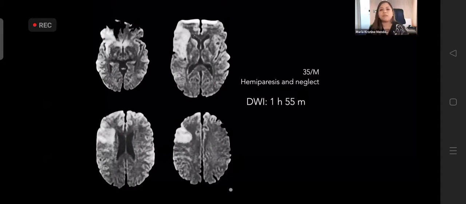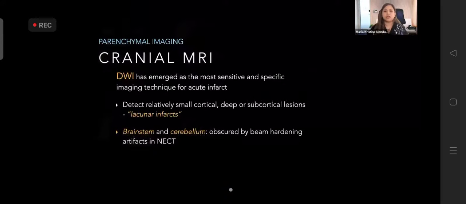This diffusion weighted image clearly demonstrates the involvement of the, I'm sorry, it's in the right, not the left, the involvement of the right MCA territory for this patient. So again, this just demonstrates the higher sensitivity of DWI compared to CT scan.